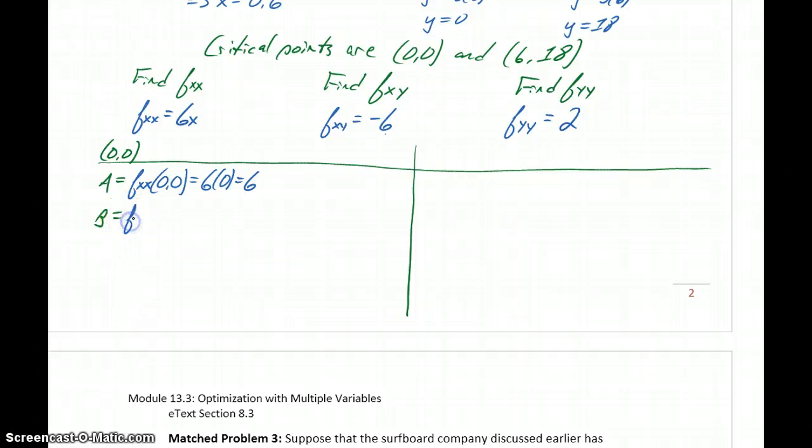For b, we're going to look at the first derivative with respect to x, second derivative with respect to y, evaluated at 0, 0. In this case, that's always just a constant, so that's negative 6. And our value for c is going to be both derivatives with respect to y, evaluated at 0, 0, which again in this case is just a constant, so that'll be 2.